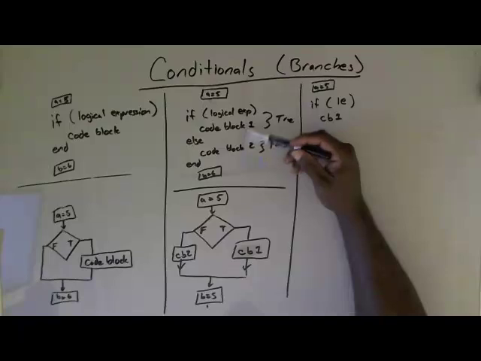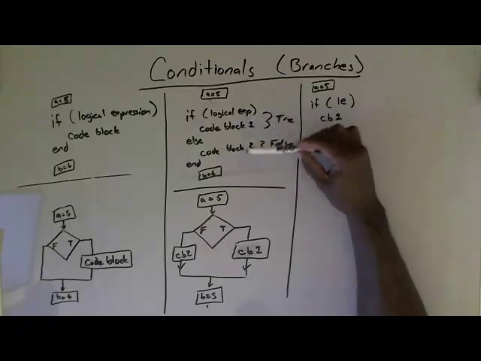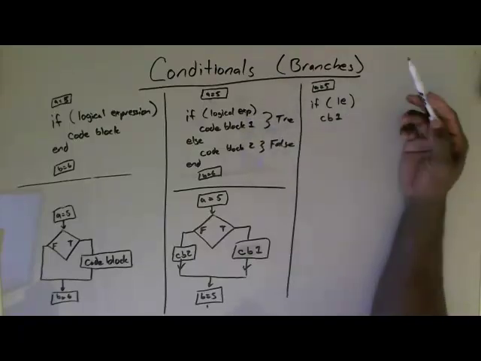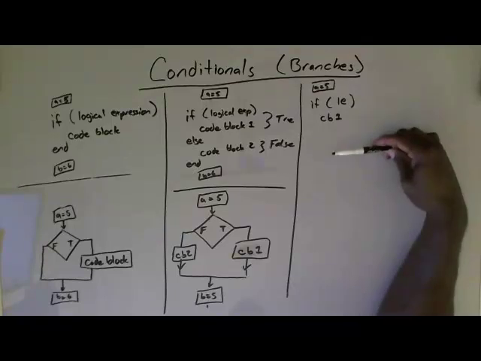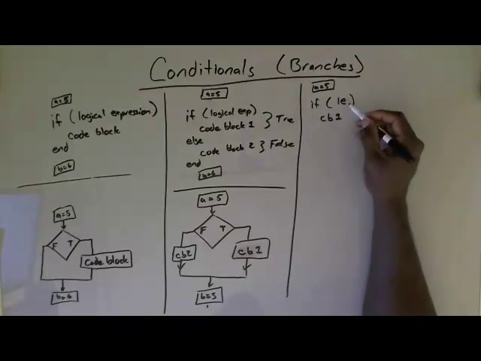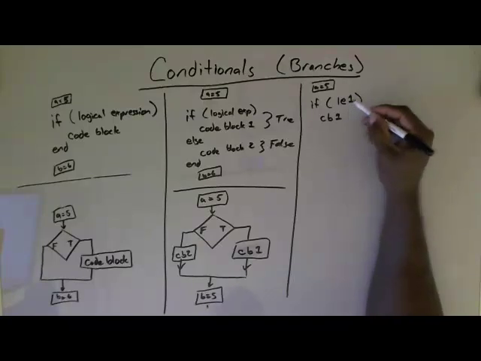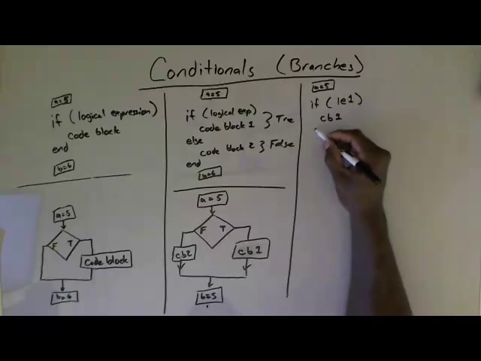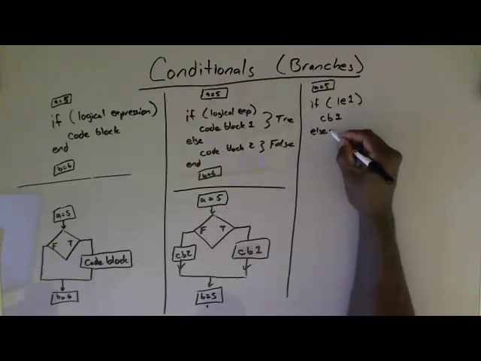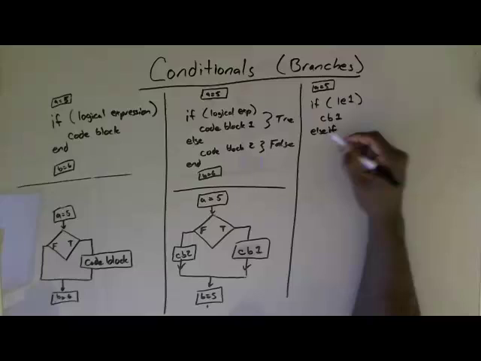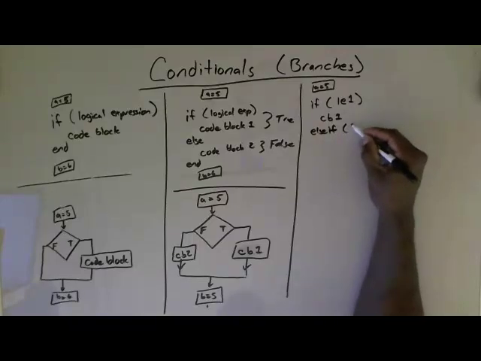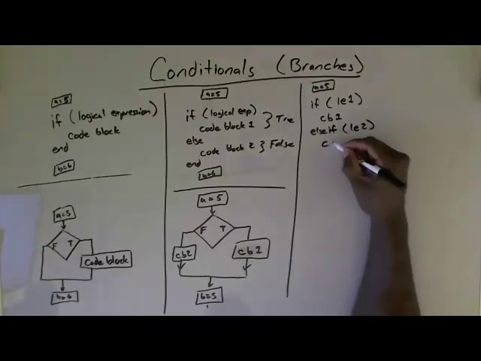The second version allows you to do a true or false. The next version allows you to do a series of true tests. So if logical expression 1 is true, execute code block 1. Else, and then you do another if statement right there. Else if, and then you do another test. If logical expression 2 is true, do code block 2.